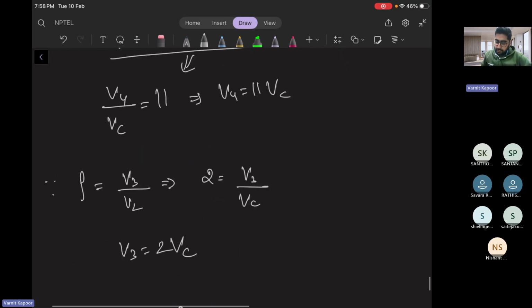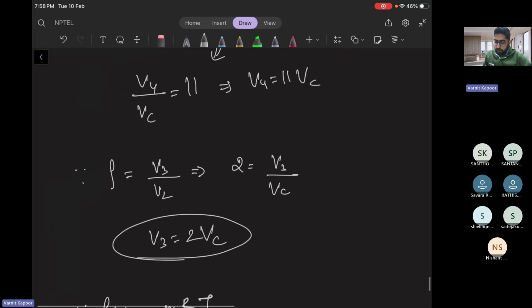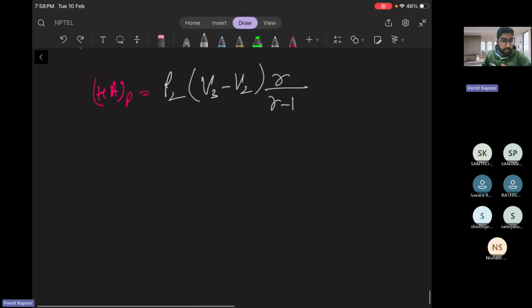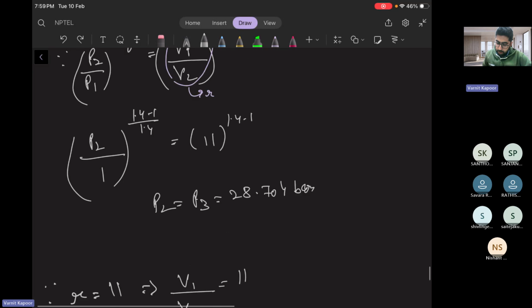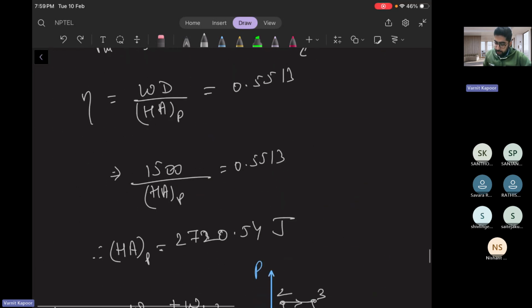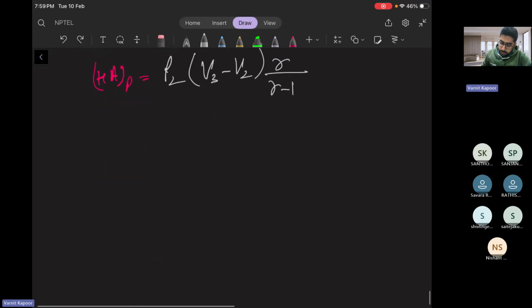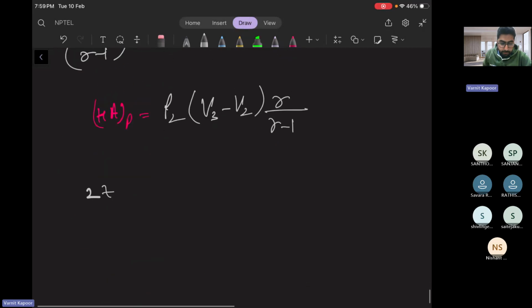V3 is 2 times Vc, as we have seen, and V2 itself is Vc. We will put this in, and we know the heat addition at constant pressure, which we have already calculated: 2720.54.